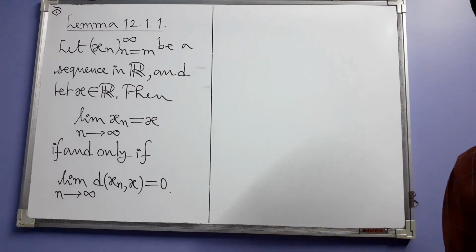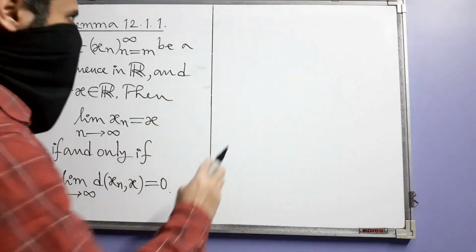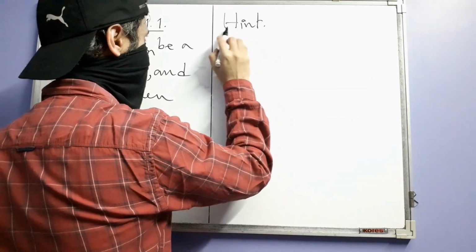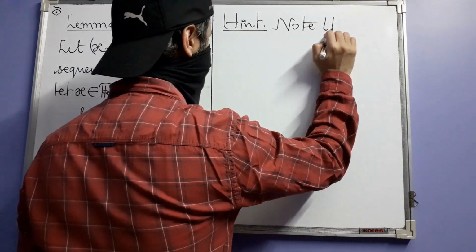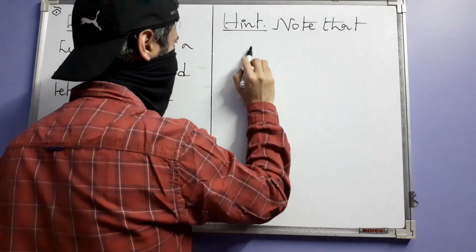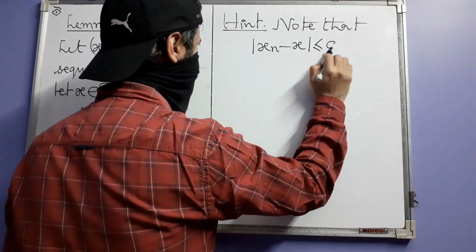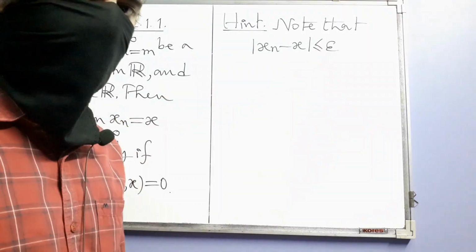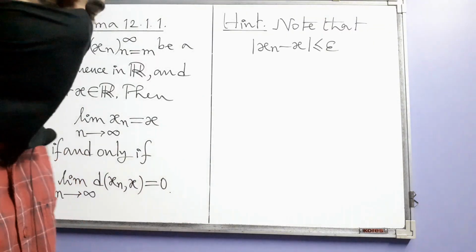And the proof actually is almost trivial. I will just give you the hint in which everything is there to write a proof. The hint is this. Note that this is less than or equal to epsilon, not really writing for which n or what epsilon is. You know in what sense I am considering this inequality.